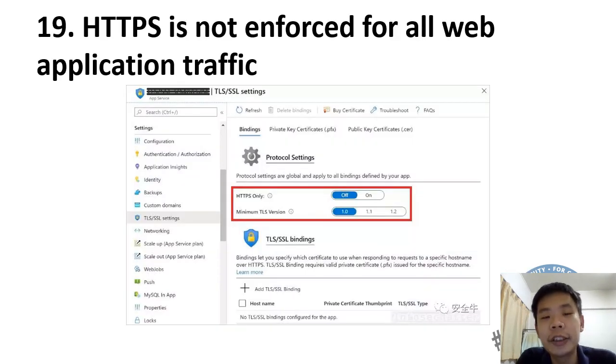Number 19. HTTPS is not enforced for all application traffic. From a security perspective, for all internet and external web applications, only secure HTTPS connections should be accepted, which is also today's security standard. HTTPS provides the very necessary security, confidentiality, and privacy.